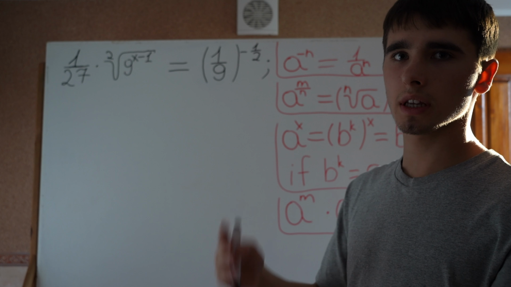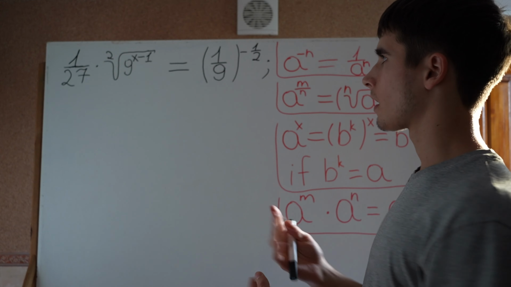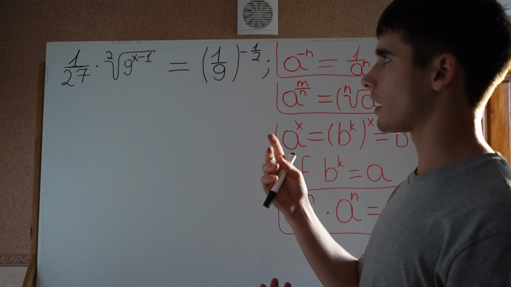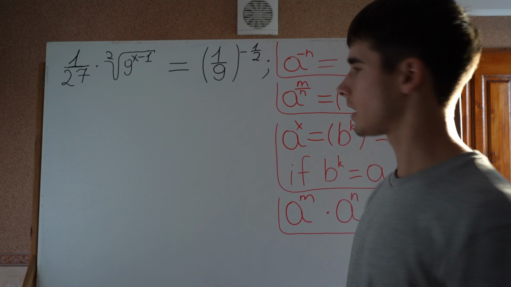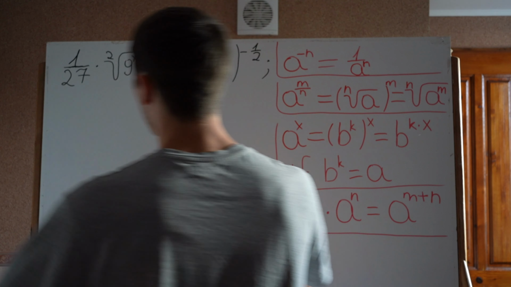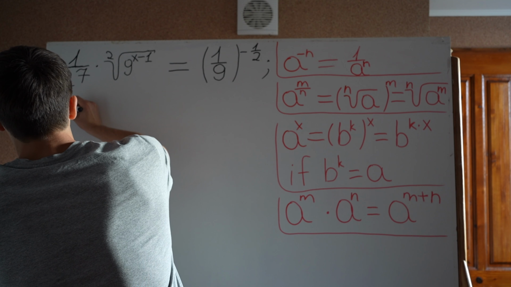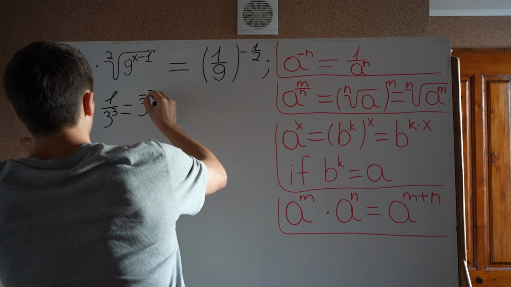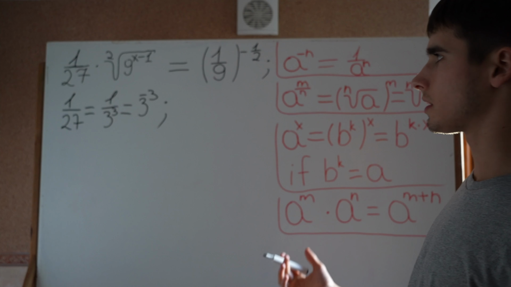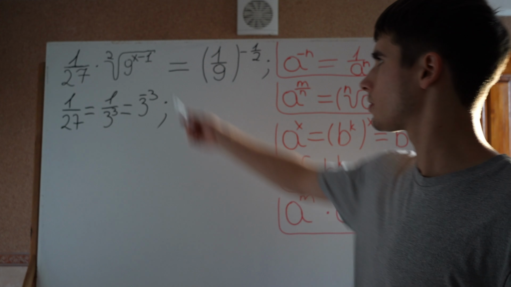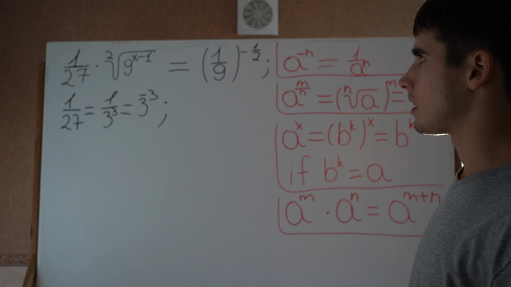And when we flip it, we will get 3 raised to the power of negative 3. Right. So let's do that. So the first number is transformed. Let's move to the second one.